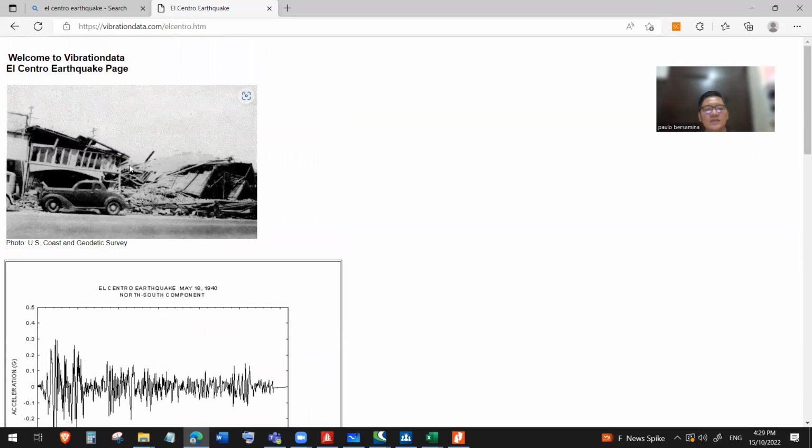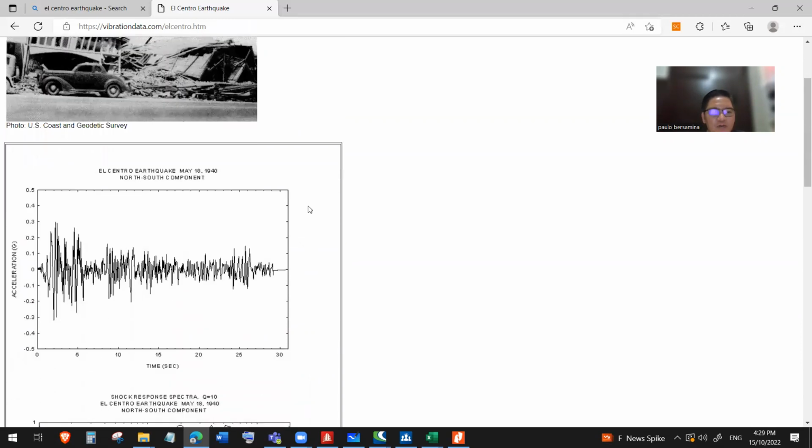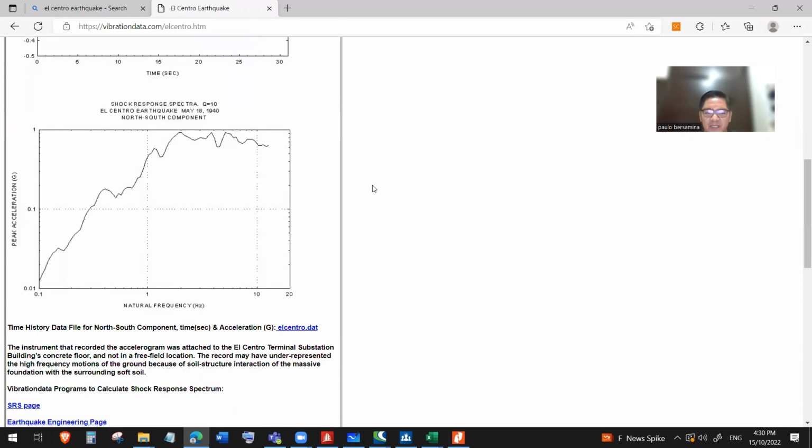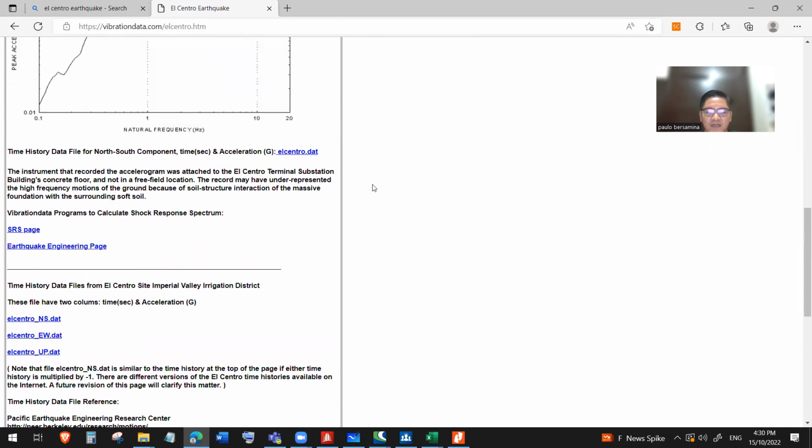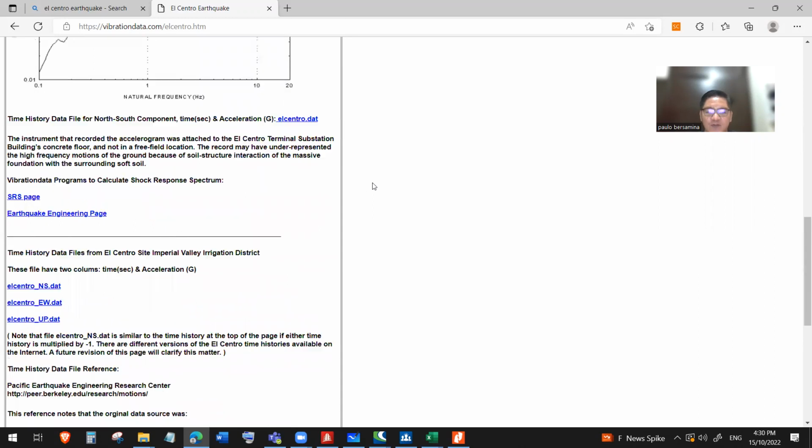Yan yung destruction caused by this El Centro earthquake. Yeah, May 18, 1940. Kaya yung delta T niya 0.02 pa. Medyo malaki-laki pa yung delta T niya. Unlike ngayon, mga digitized na yung mga sensor, mas precise, mas maliit yung delta T natin.